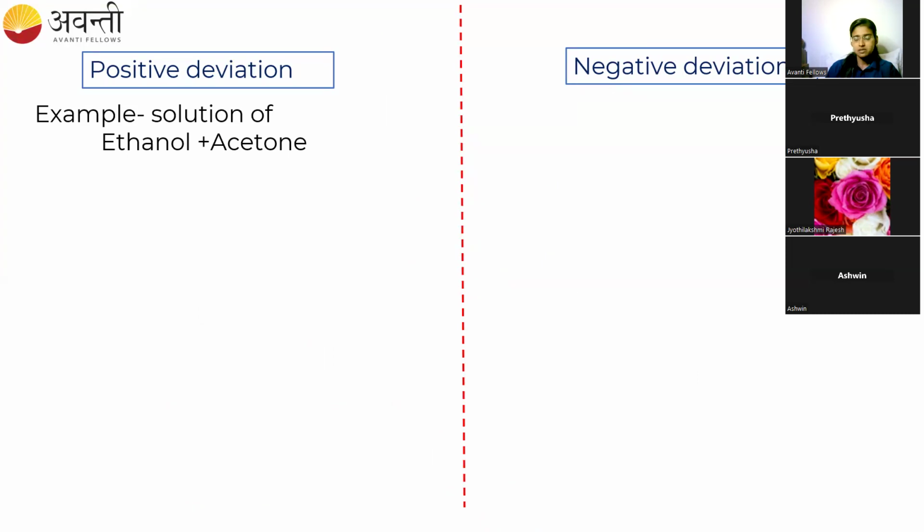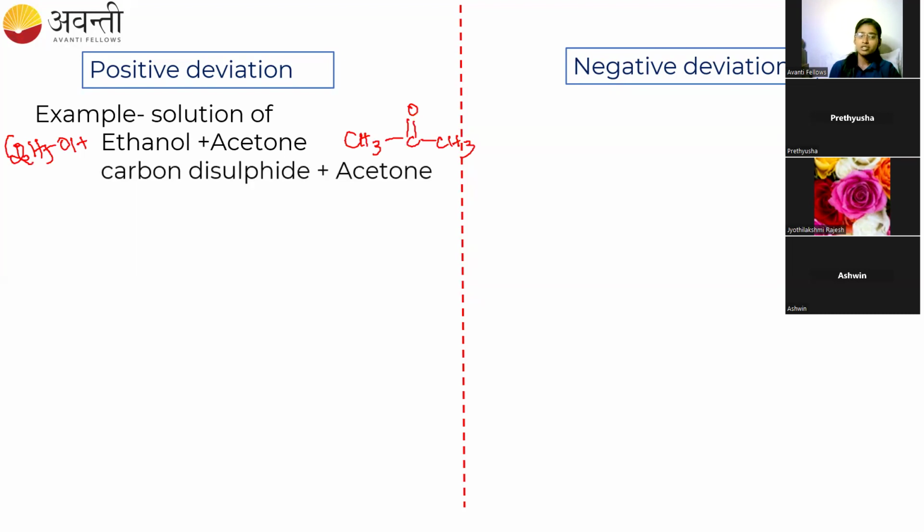Under positive, the first example is ethanol and acetone. The formula for ethanol is C2H5OH, and acetone is CH3COCH3. Clear? Then the next pair is carbon disulfide and acetone. Carbon disulfide means CS2, and acetone is the same.